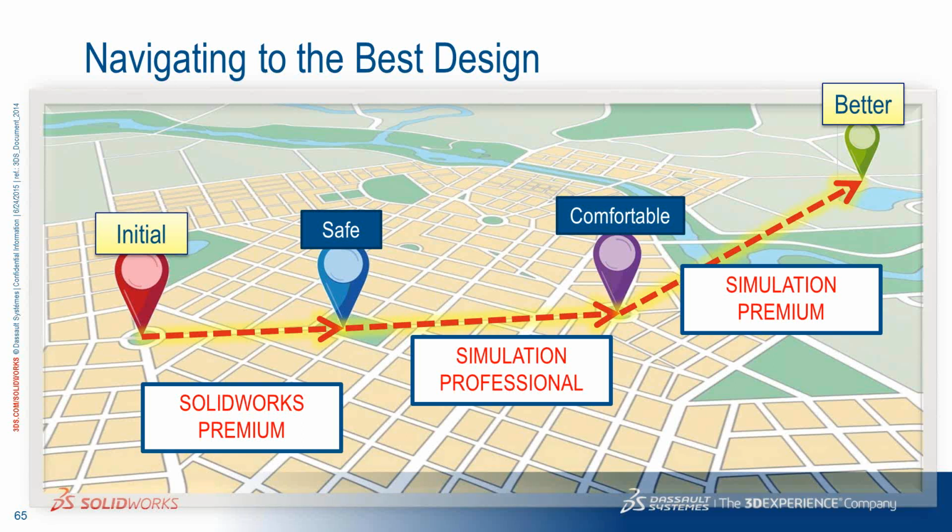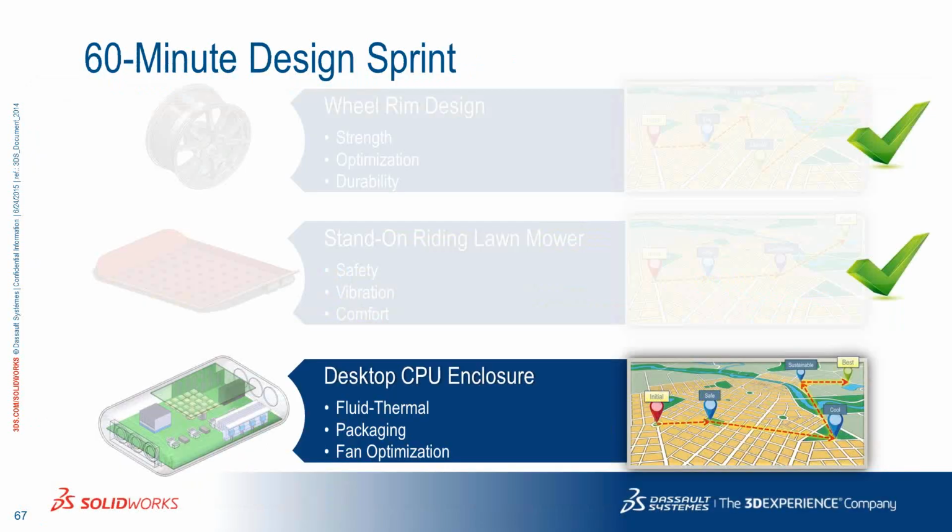So the last example of the demo for today, we're going to switch gears. We're going to look at a desktop CPU enclosure using our flow simulation tool, and we're going to look at fluid thermal interactions. We're going to look at a couple of design or packaging options, and maybe with electronics systems packaging, we are looking at using multiple fans.